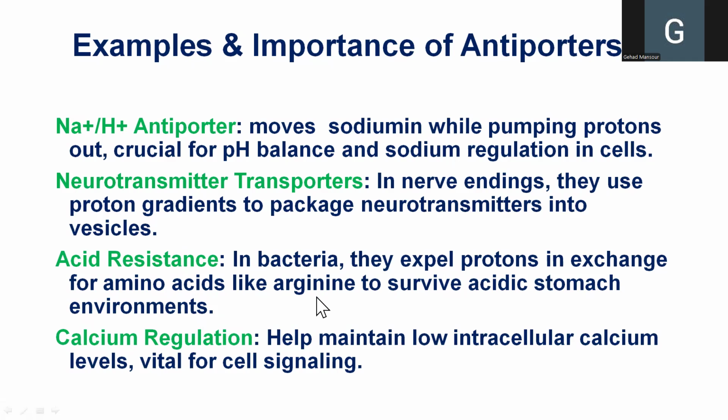Why are they doing this? First of all, they expel the protons because they are present in an acidic environment like the stomach, and they do not want the protons to accumulate inside and make their cytosol very acidic. Meanwhile, they benefit from the exchange because they get an amino acid.